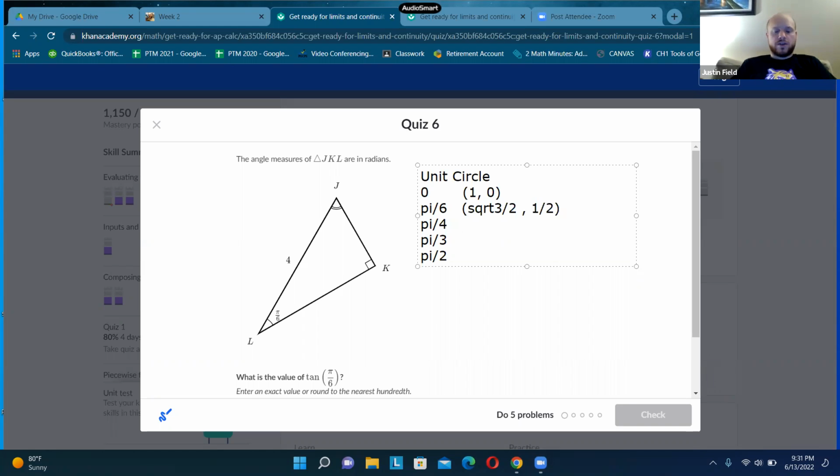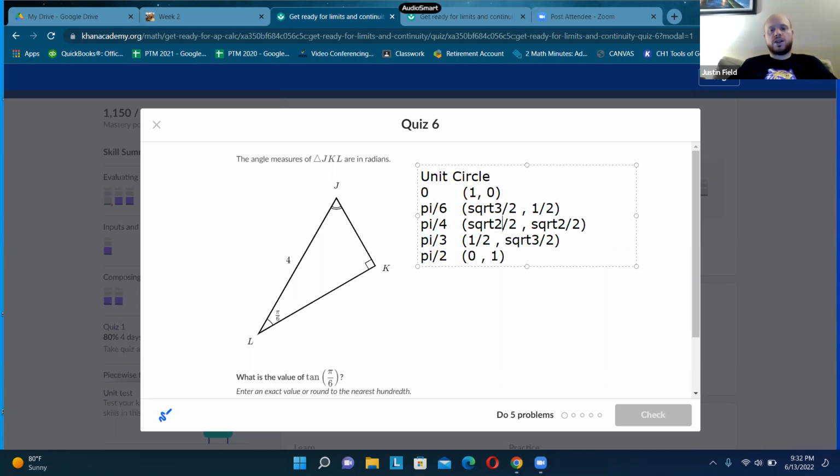What are the coordinates of pi over 4? Let's see, square root 2 over 2 for both x and y. And then these are just switched, so now it's going to be 1/2, square root 3 over 2, and then pi over 2 is 0, 1.